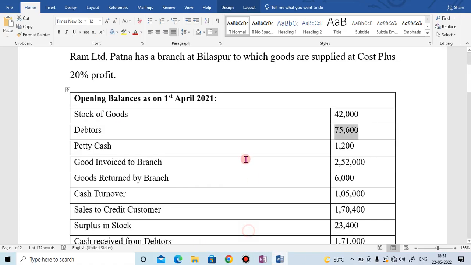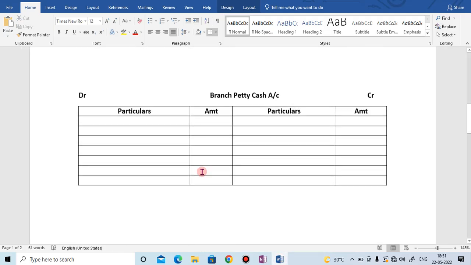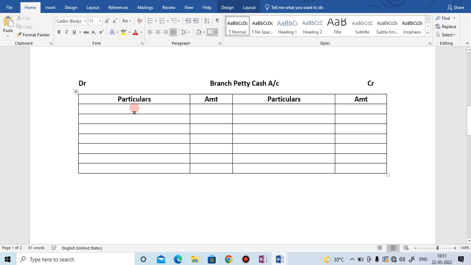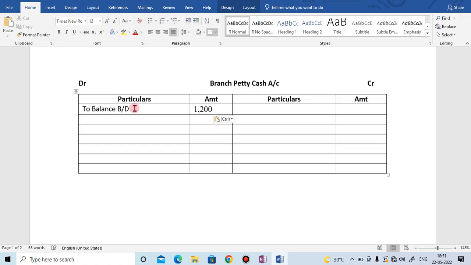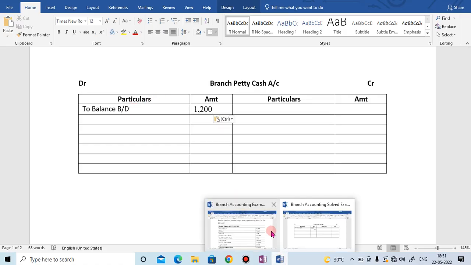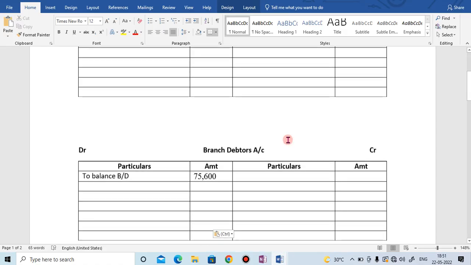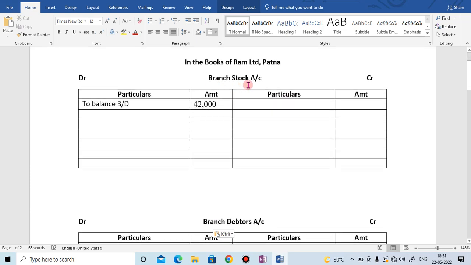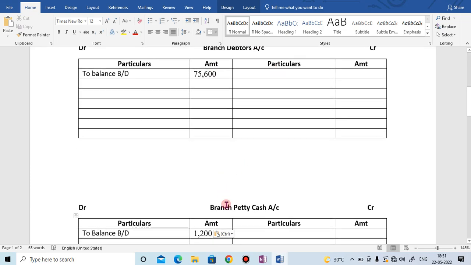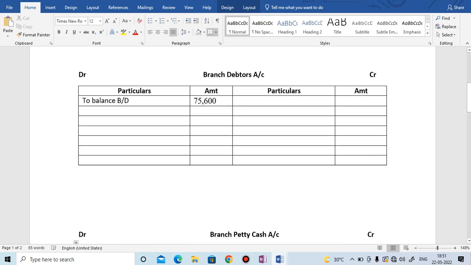Next, opening balance of petty cash. Petty cash is 1,200. So in petty cash account you will write to balance brought down 1,200. So all the opening balances of stock account, debtors account and petty cash account are posted.